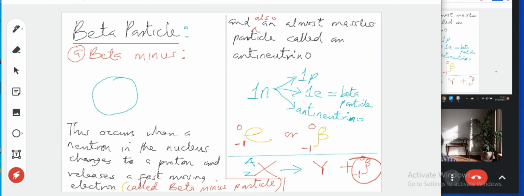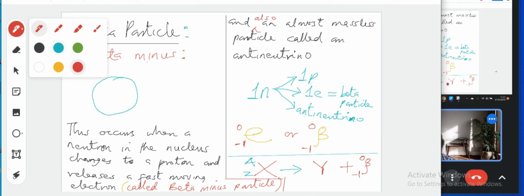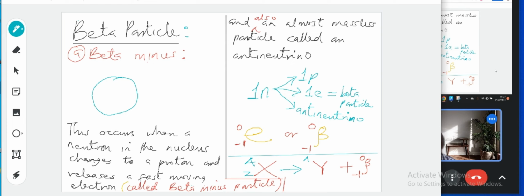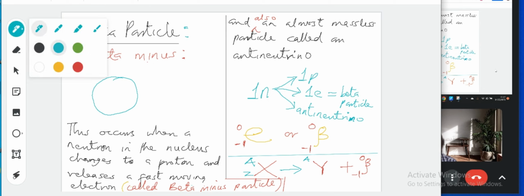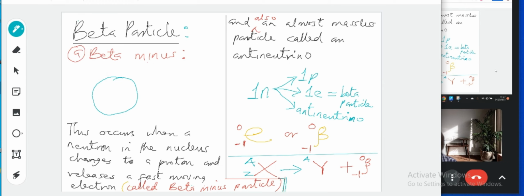What will you have for the mass number of Y and for the atomic number of Y? Mass number of Y will be A. Why will it be A? Because the beta particle has 0 mass, so it didn't lose anything for mass number. What will be the atomic number for Y? Should it be Z minus 1?